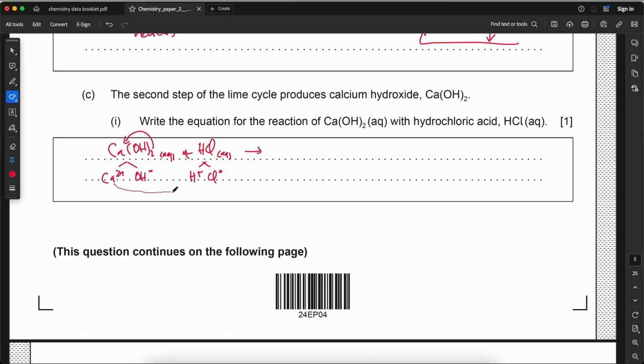So Ca2 plus will pair with Cl minus. Crisscross, and you will get CaCl2 aqueous and H2O, because OH minus and H plus form liquid water. Then balance them.